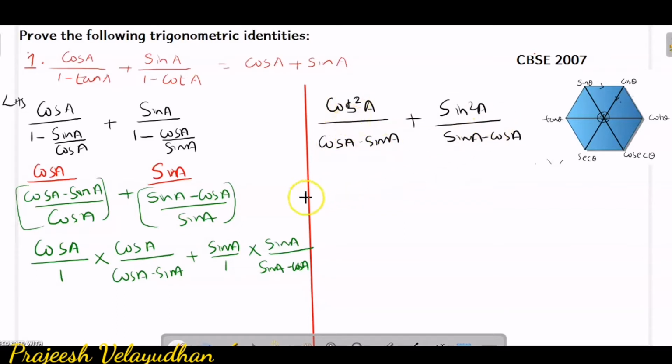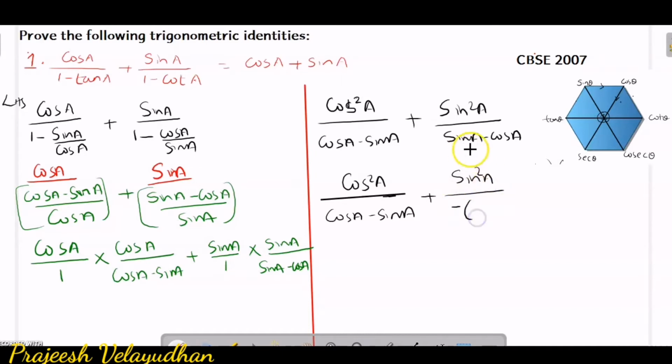That will be a like fraction. So we can make it a like fraction: cos square A upon cos A minus sin A plus sin square A upon, here I am taking the minus out, cos A minus sin A.